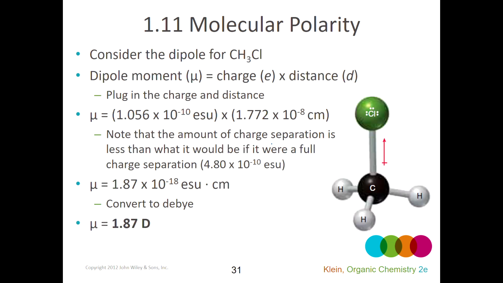Right, so here we have an example where we have chloromethane, this molecule here. The chlorine is more electronegative than the carbon. Chlorine's electronegativity is about 3, carbon's about 2.5. So it's not a huge difference, but it's definitely a significant difference. There's also a difference between hydrogen and carbon, which is 2.1 versus 2.5.